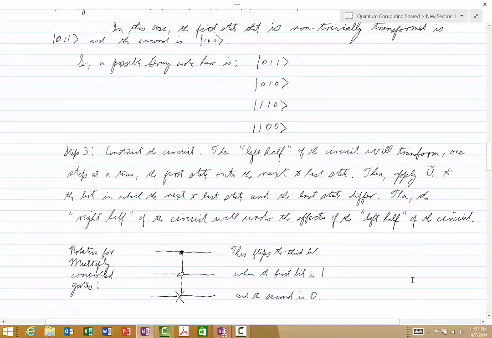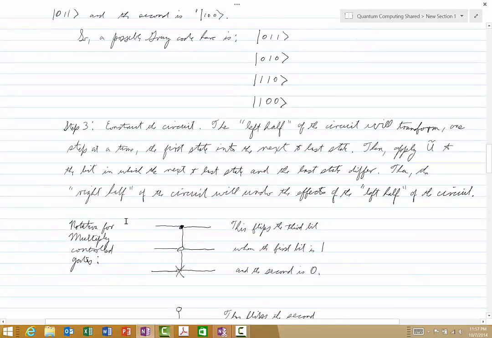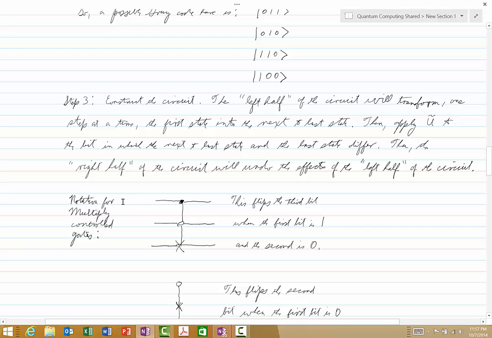But first, I want to get some notation. We're going to use the following notation for a multiply controlled gate. So here is an example of a multiply controlled gate. We have looked in class already at singly controlled gates, but now we're looking at a multiply controlled gate. And what this means is that, in this case, both of the first two qubits, their values control what's happening here to the third qubit.